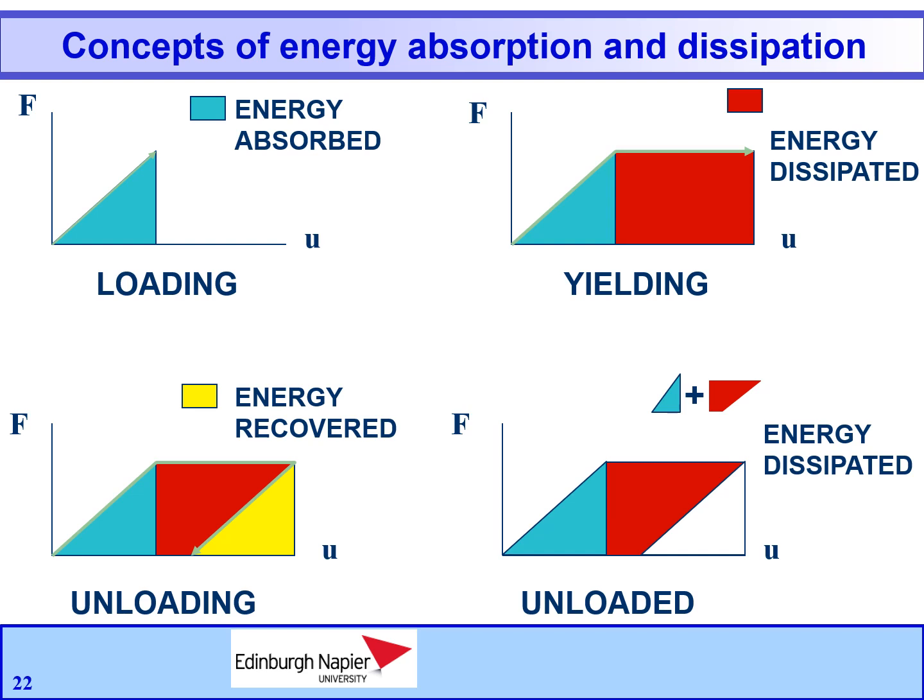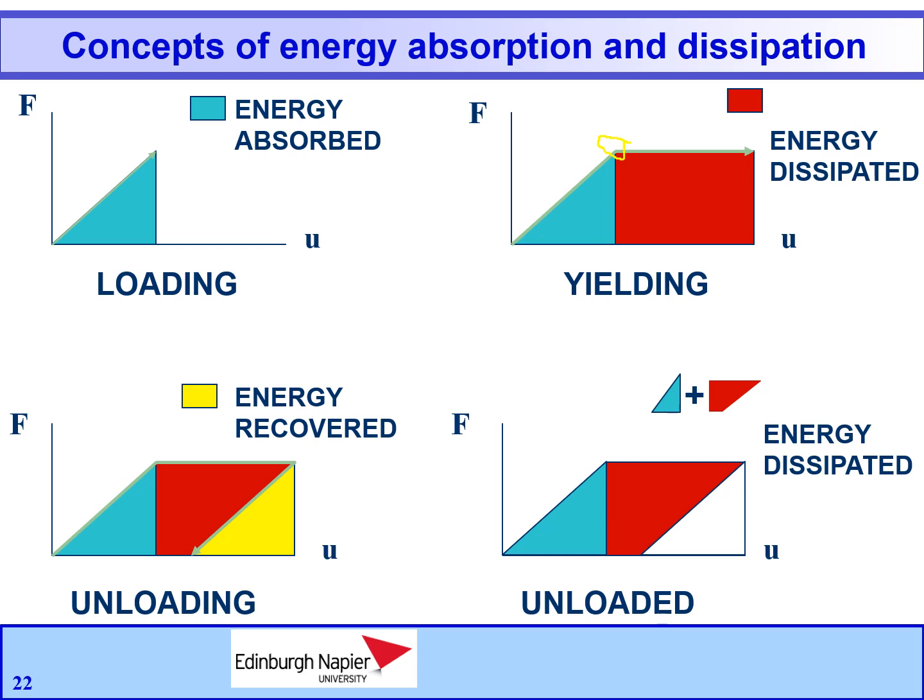Increasing the load further, or just being at larger amplitude of deformation that makes more sense under a seismic excitation, we are past the yielding point, which means that we now have the dissipation of energy that is predicted by the red area under our top right sketch.